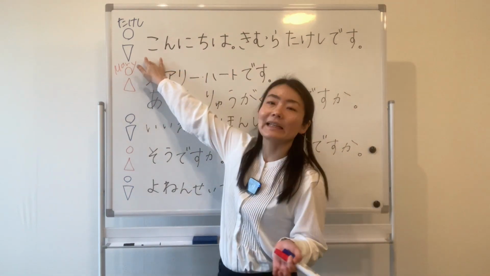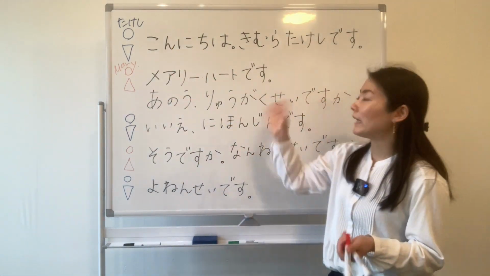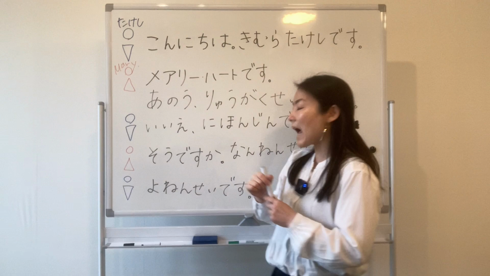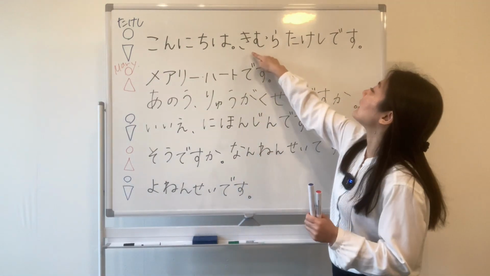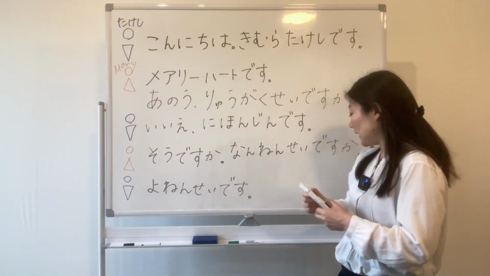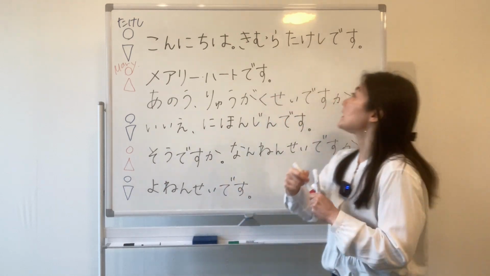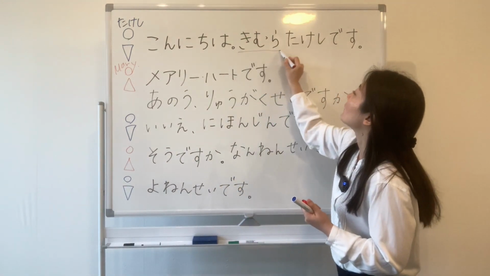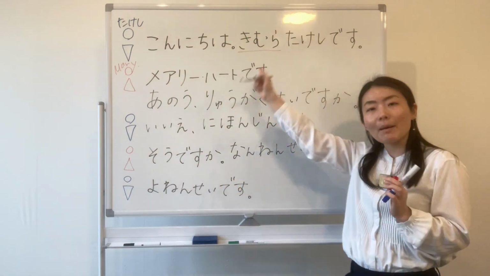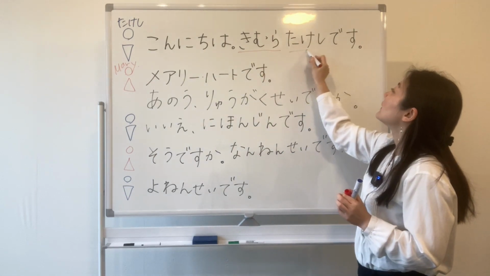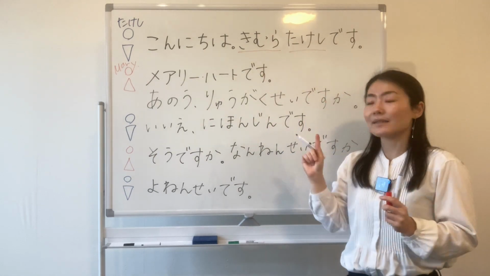So, this lesson, first, Takeshi-san, he introduced himself. So, こんにちは means hello, and Kimura Takeshi です。In Japan, first we say surname. So, Kimura is family name, and Takeshi is first name.